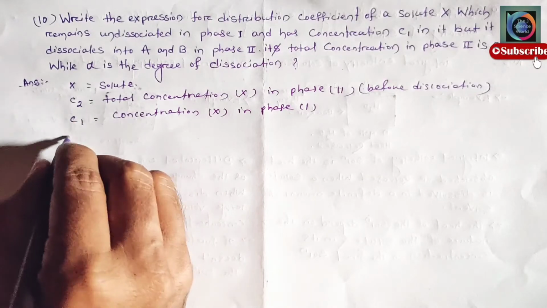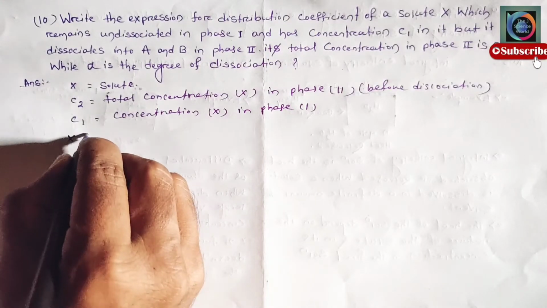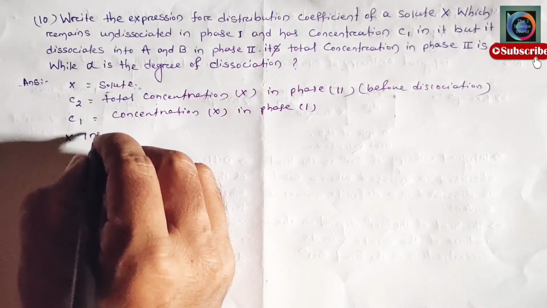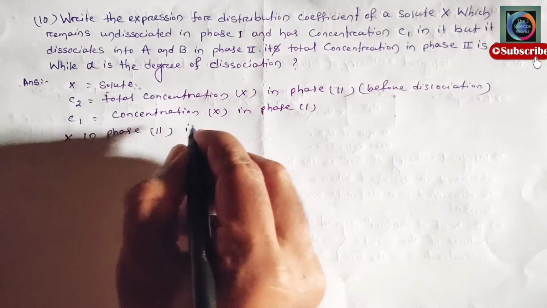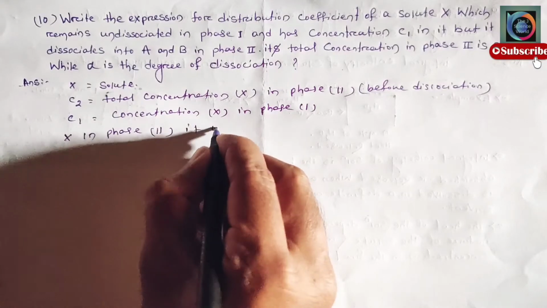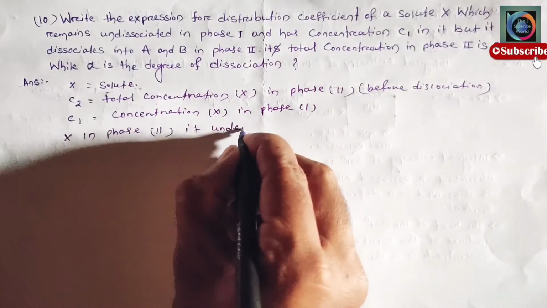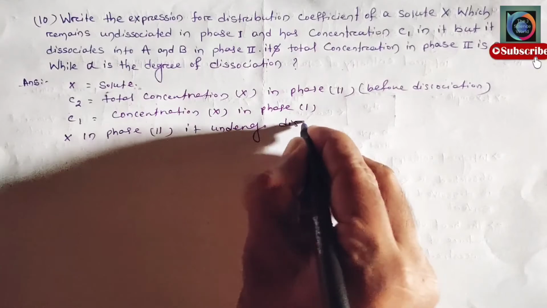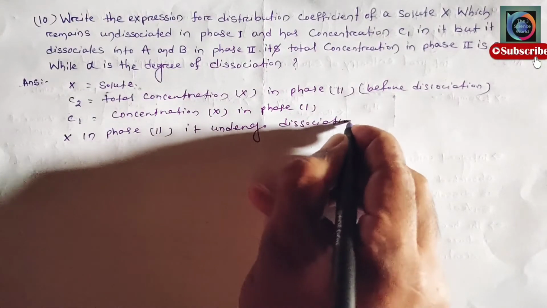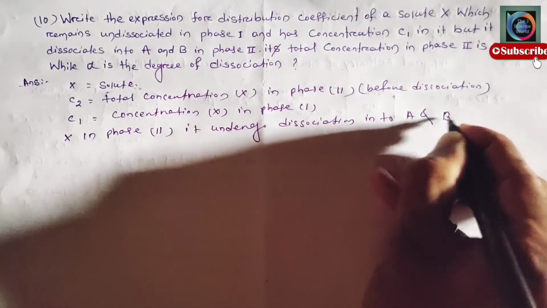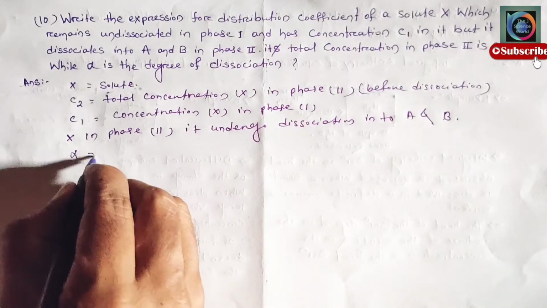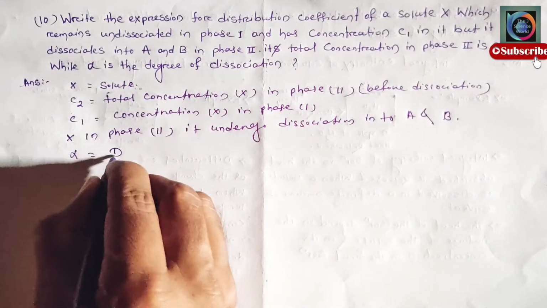Well, X in phase 2 undergoes dissociation into A and B, and alpha is our degree of dissociation.